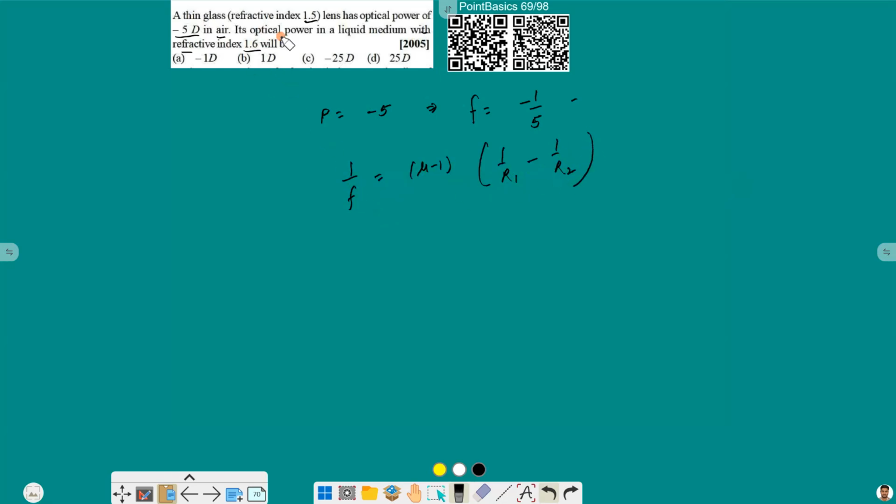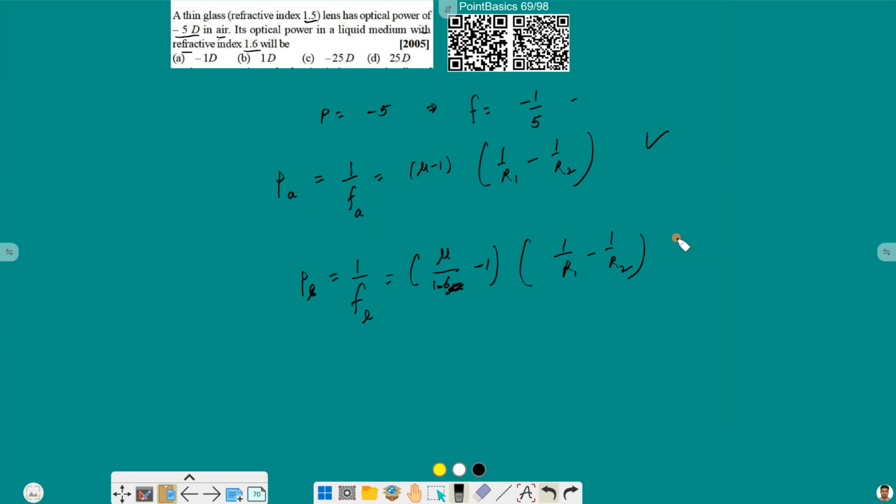That is, suppose in air. So this is the focal length in air. Now inside the liquid, what will happen? We will have fl, that is the focal length inside the liquid. That will be the refractive index of the glass divided by the refractive index of the medium, that is 1.6 here, so I write 1.6 minus 1, and the radius of curvature will stay the same. Now this is equal to the normal power or power in air, and this is equal to the power in liquid.